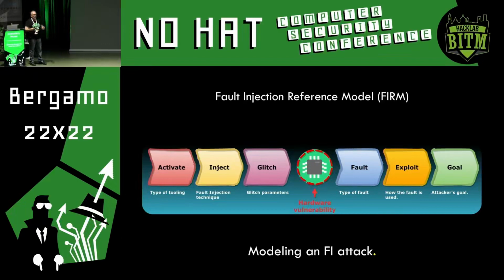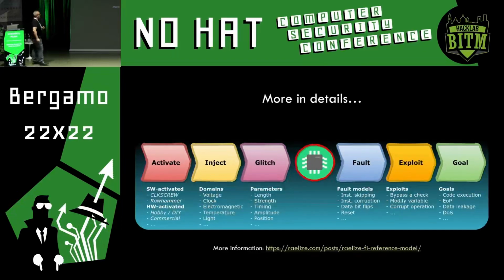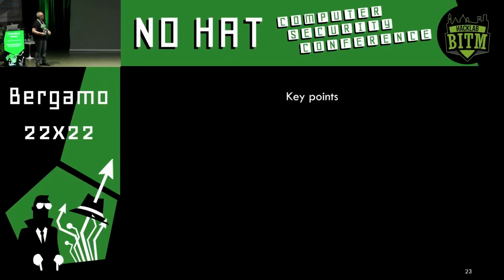For example, in our case, the instruction skipping can be used for bypassing security checks in general. Of course, you can describe more about the single fields or the single points in the modeling, and if you want to, you can go deeper into that.